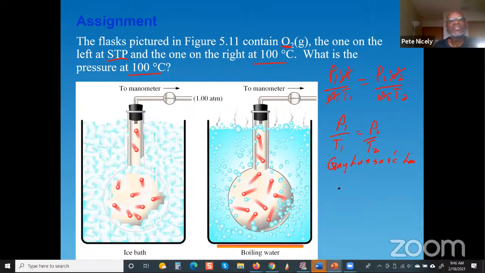Okay, so now we have to determine what the question is asking for. And the question is asking for the pressure at the elevated temperature. So therefore, I would rearrange this to solve for P2. And the way we would do this, of course, in your algebra course, you should learn this, you multiply both sides by T2.